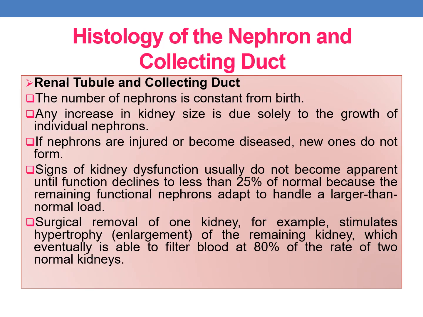Generally, the number of nephrons is constant from birth, and any increase in size is solely due to the growth of individual nephrons. If the nephrons are injured and become diseased, new ones do not form.